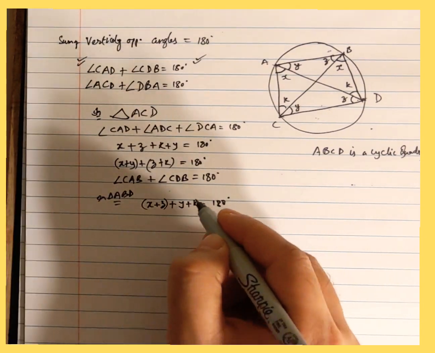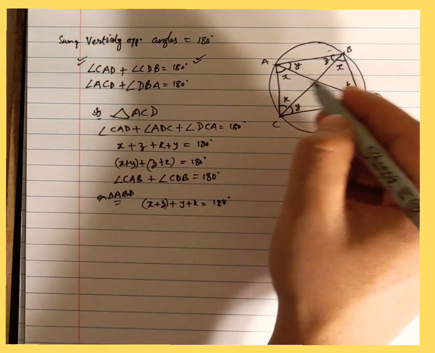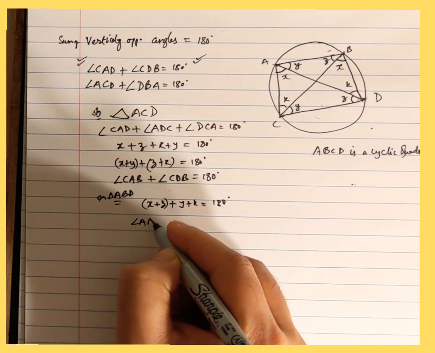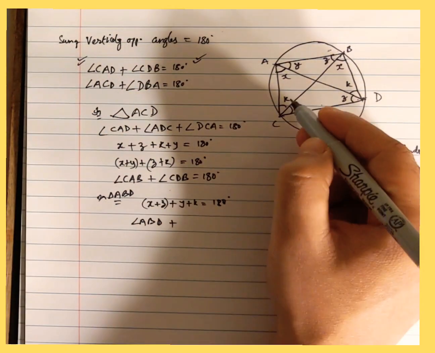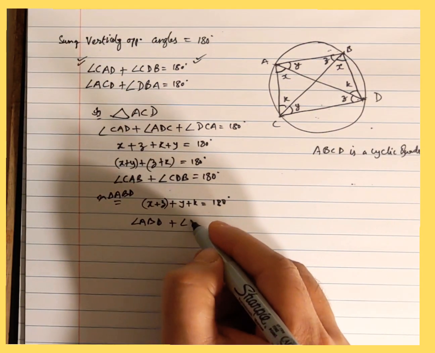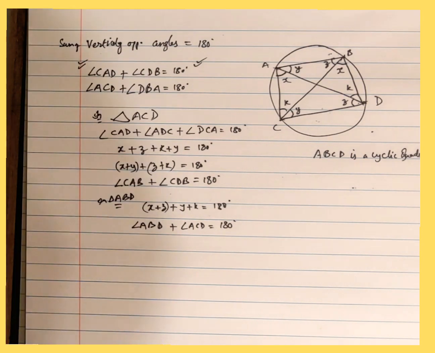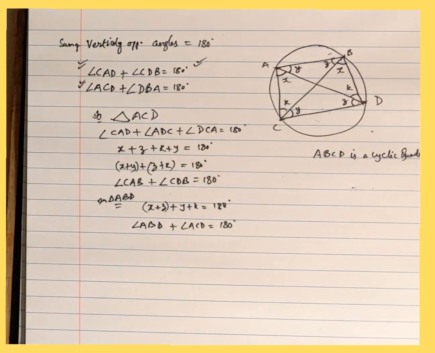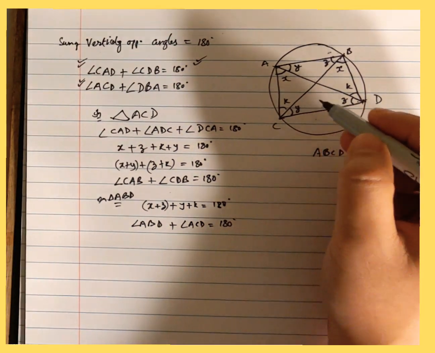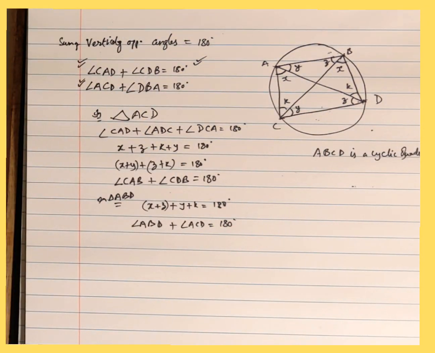X plus Z is angle ABD, and Y plus K is angle ACD, and that is equal to 180 degrees. So the second part is also proved. This is what is called a cyclic quadrilateral. The converse is also true: if the opposite angles of a quadrilateral sum to 180 degrees, then it is a cyclic quadrilateral.